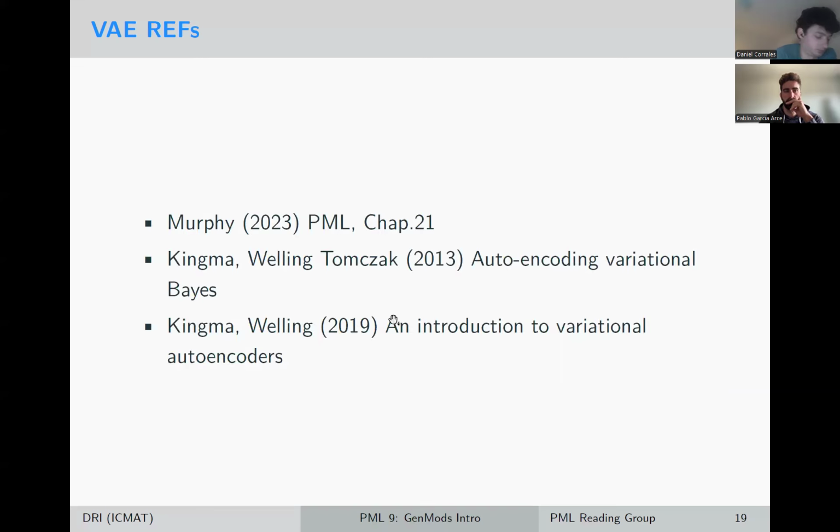So, some references. I based the discussion basically on chapter 21 of Murphy's book, and the Kingma and Welling paper, which is where everything started, on variational autoencoders.